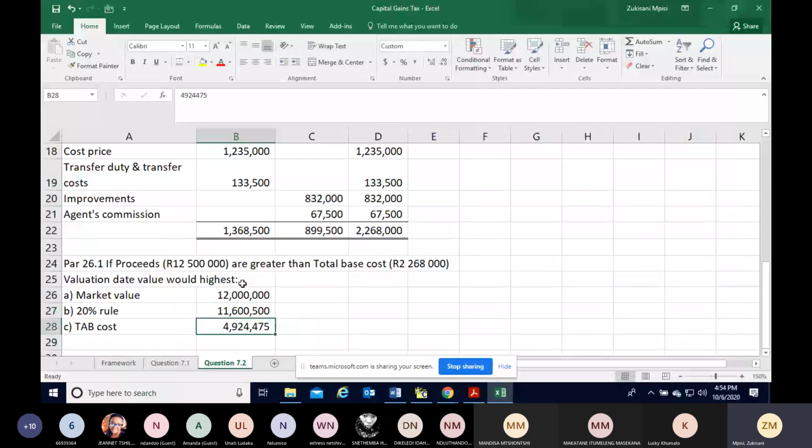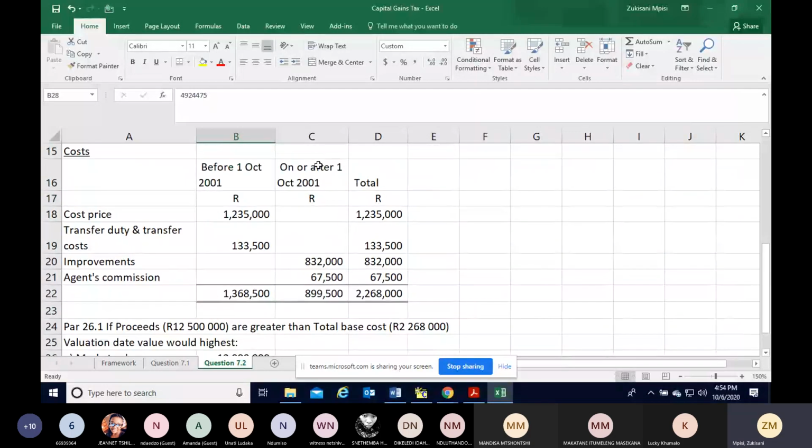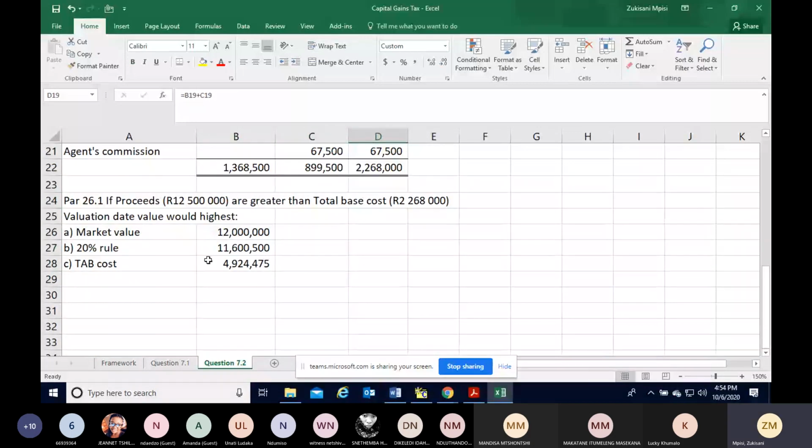So it's only less the costs that are incurred on or after the 1st of October 2001. So it says now the valuation date value would be the highest of the market value, the 20% rule, or the time apportioned base cost.